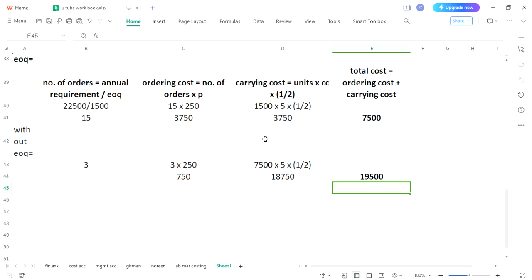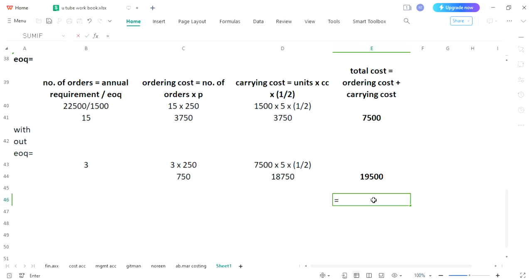If you will follow economic order quantity, you will save a lot. And how much saving? When you were with economic order quantity, cost was 7,500. When you were not with economic order quantity, your cost was 19,500. It means you are spending far less. The difference would be your saving, and here you will calculate your saving.